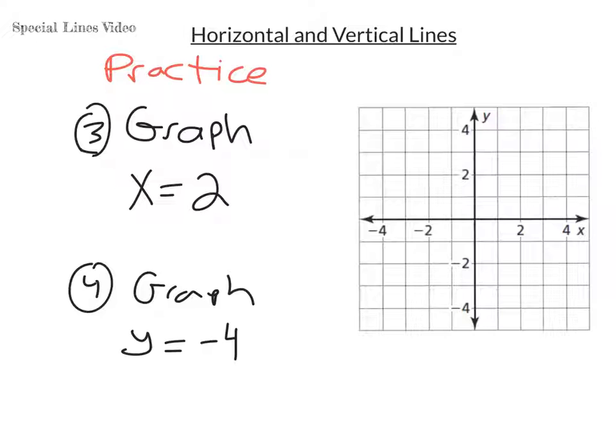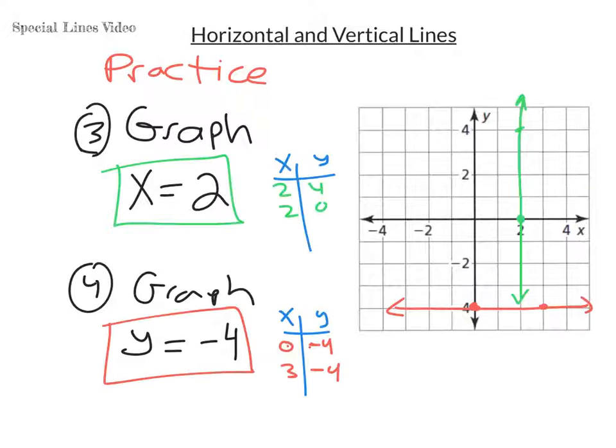So here what I want you to do is pause the video and try these 2 equations out. x equals 2, graph that one, and then if you have a different color, maybe use a different color to graph y equals -4. Make a table for each with 2 points, and then unpause and check your answer. Alright, how'd you do?